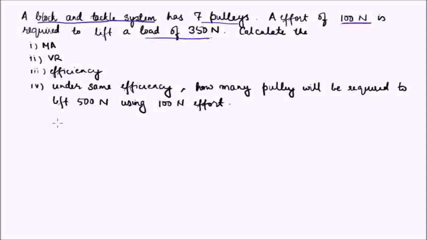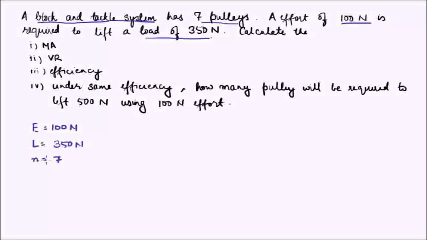Let us write down what information is provided. We know that the effort is 100 Newton, the load is 350 Newton, and the number of pulleys is equal to 7.